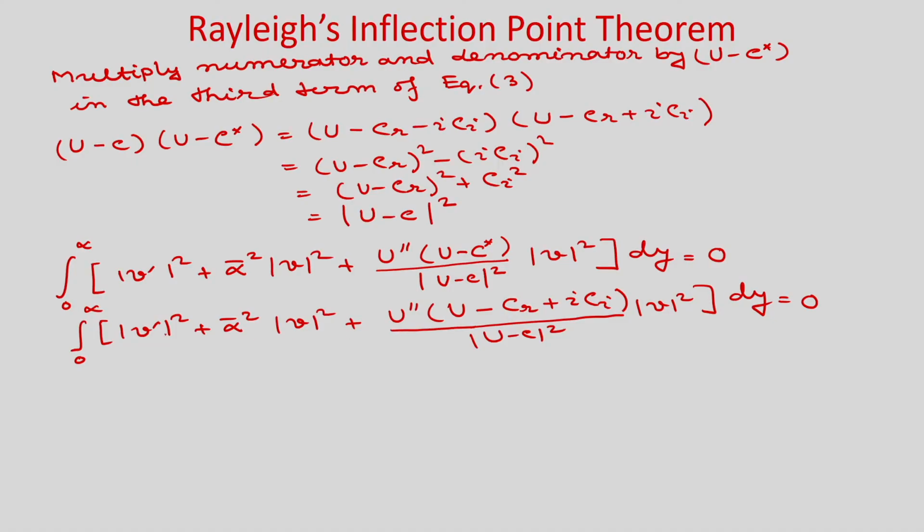You can see that in this equation we are looking for Cr and Ci so that the non-trivial solution of Vy exists. For the non-trivial solution, the imaginary part of this equation must be 0.